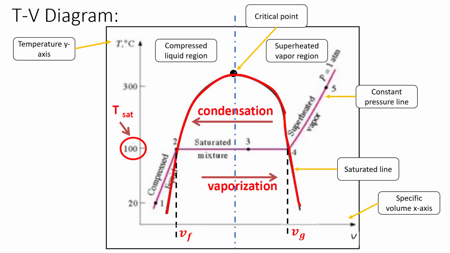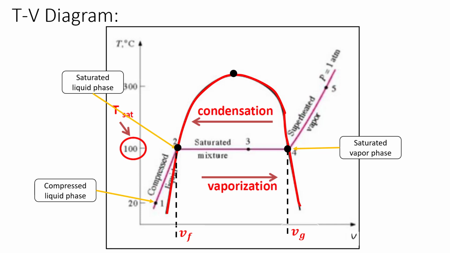The red bell curve in the diagram is a saturated line. If the saturated line exists in the superheated region, then the line is the saturated vapor line. If the line exists in the compressed liquid region, then it is the saturated liquid line. At the top of the curve is the critical point that divides the region into compressed liquid and superheated region. The peak line is a constant pressure line, where we can define the state of our substance.